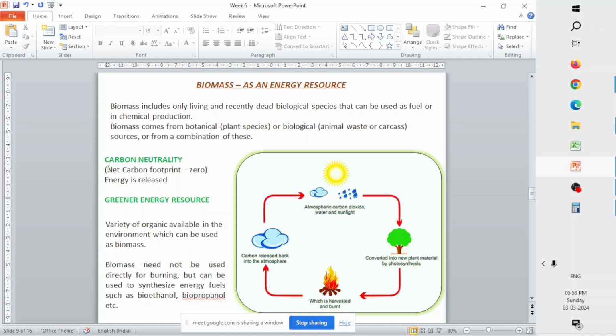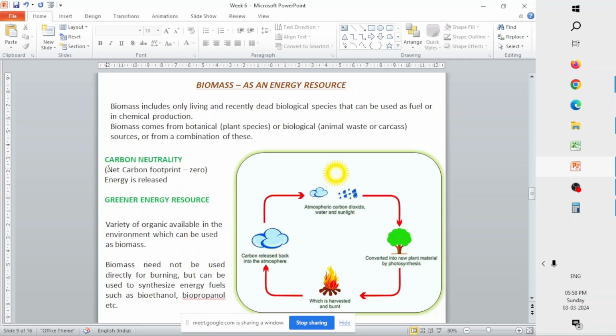And since these plants and animals, whatever we classify as biomass, are going to remain in the ecosystem for a long period of time, throughout the existence of humanity, there is no fear of them getting depleted. They are always going to be present. That is the reason why we call it renewable energy.